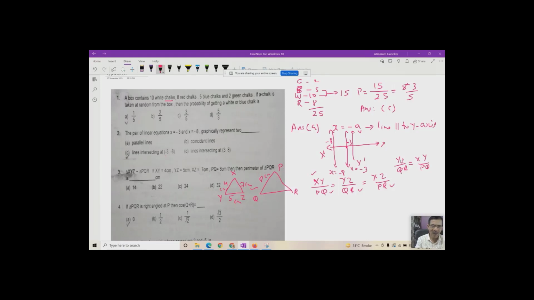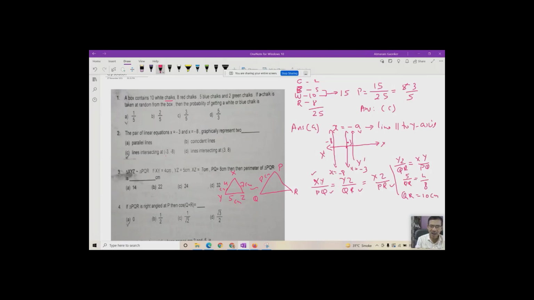So YZ is given as 5 and QR is required to be found. This is equal to XY. XY is 4 and PQ is given as 8. So from this you find QR, and QR will become 10 centimeters.